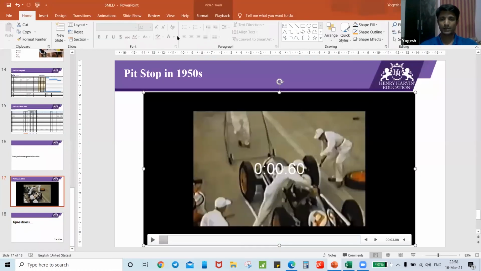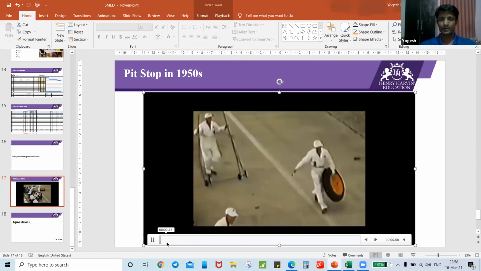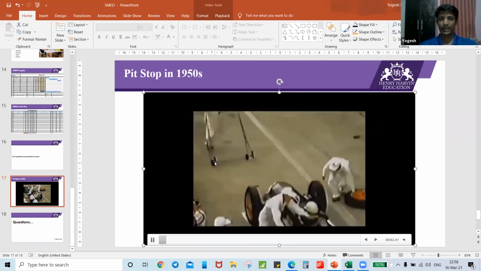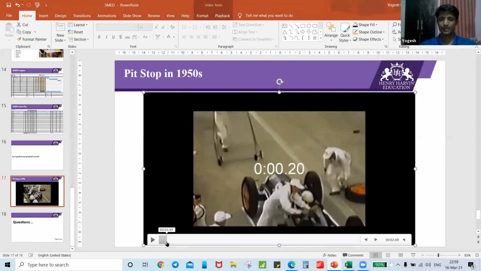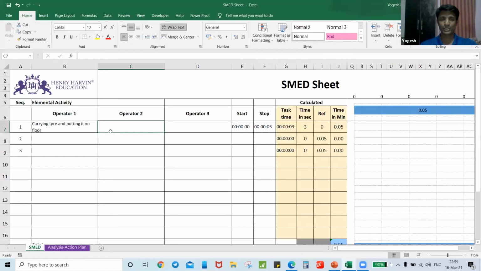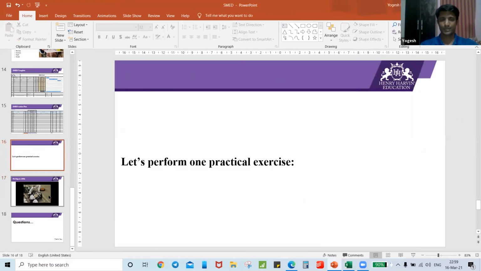And at the same time, what is operator 2 doing? Let's see. He was moving back and forth again. Right. So we need to stop at the same time. And so he's basically positioning the jack to lift the car, right? So this is how we perform it. There is operator 3 as well.